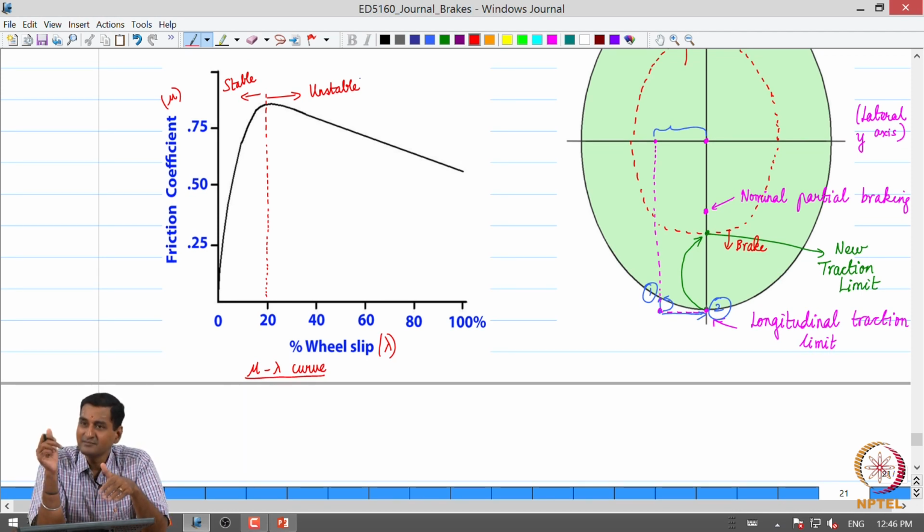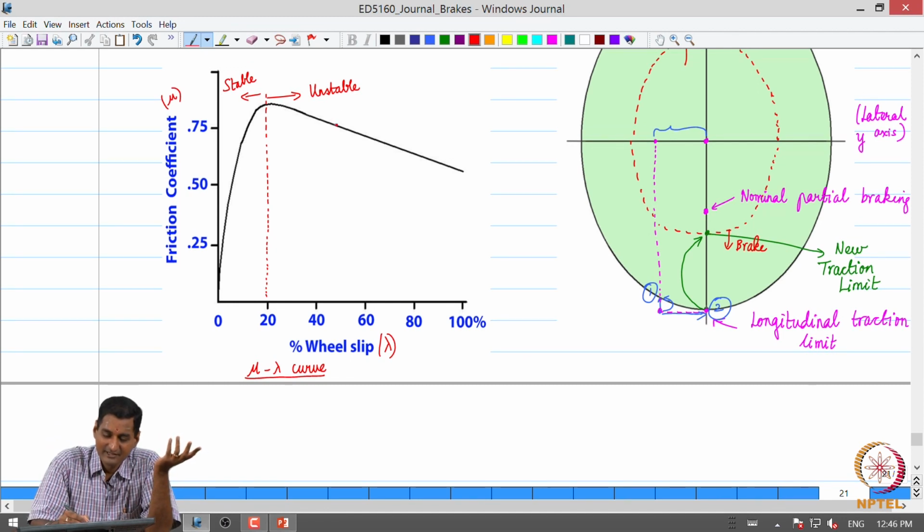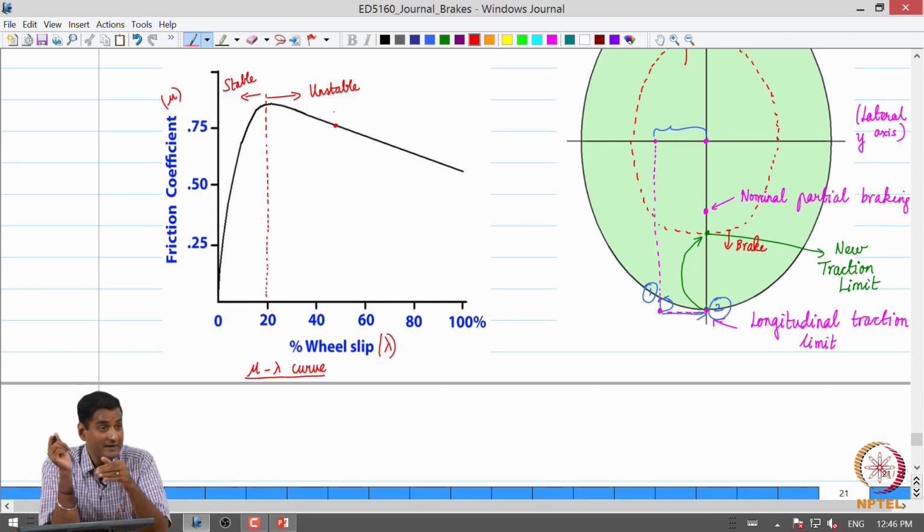Please note that if we reach a point to the right of this vertical red line I drew, so let us say we are somewhere here, what will happen is that I am already pressing the brake too much, but the wheel is slipping, so the output brake force is going to be low, is it not? So what will the driver think? The driver will think that, oh, my brake is not delivering enough force, and may end up pressing even further, and that is going to only make the problem worse. So it is going to push it towards locking. One can visualize it from that perspective.